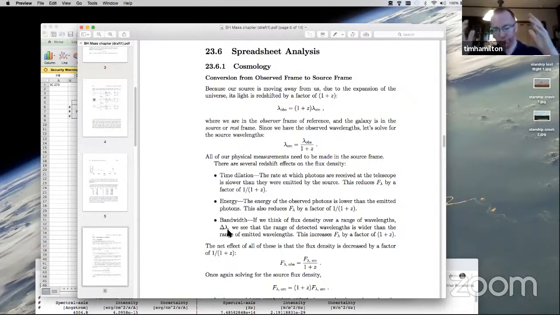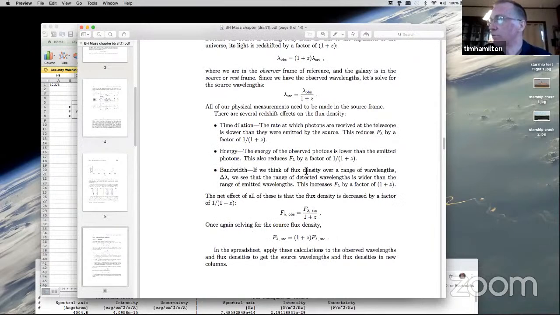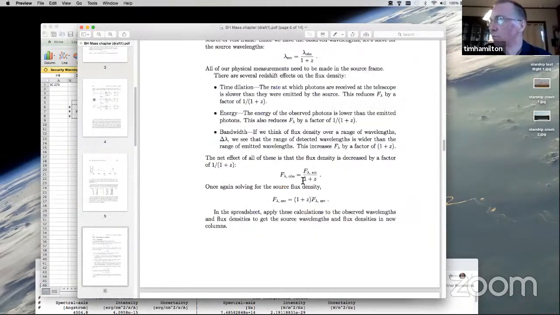So if you look at the flux density per range of wavelengths, that delta lambda is wider when we observe it and narrower where it's emitted. That would increase it by a factor of 1 plus z. So the net effect is that we get an overall decrease by 1 over 1 plus z. So the source flux density divided by 1 plus z gives us the observed.